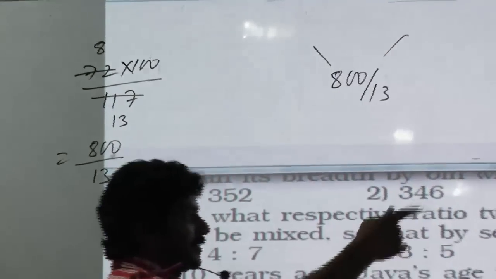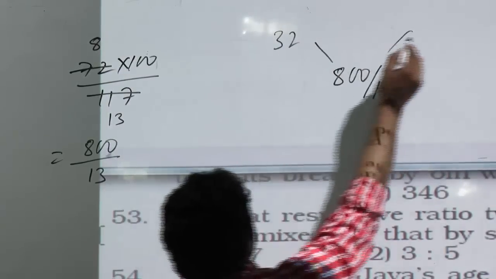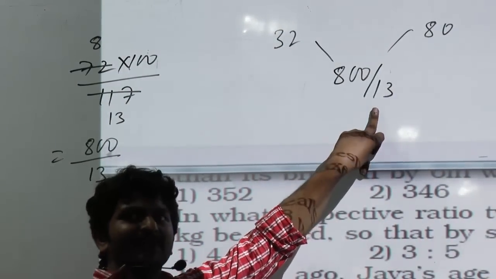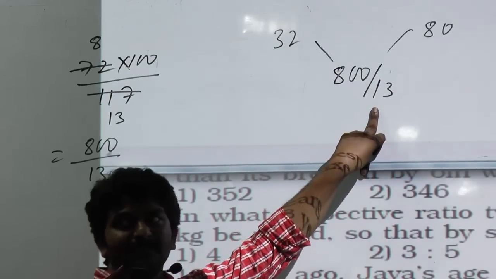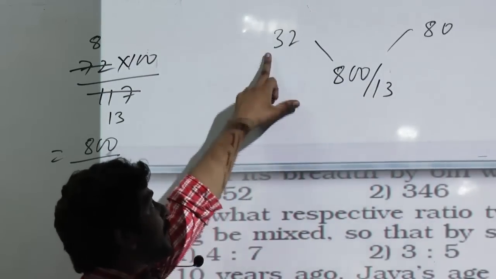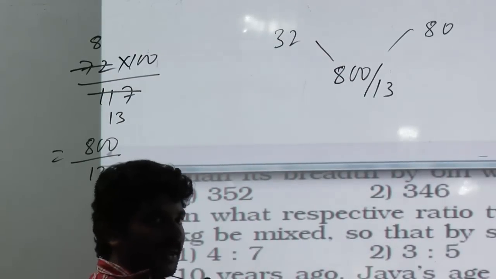And what are the two initial numbers? 32 here, and then this is 80. And the denominator is 13. I don't want to use fractions here, because if you use fractions it takes time. If I want to eliminate 13 from here, I need to multiply every number with 13. Yes or no?